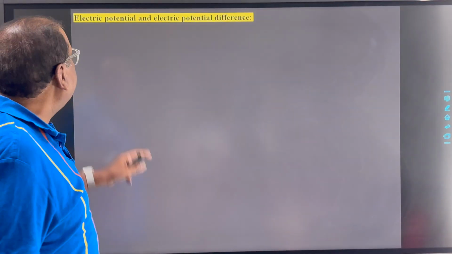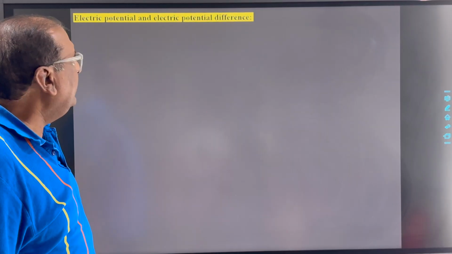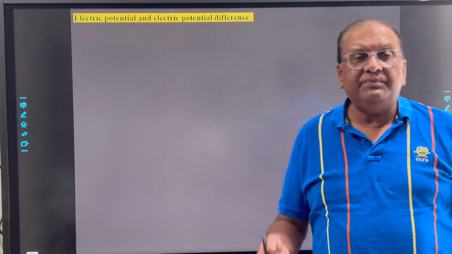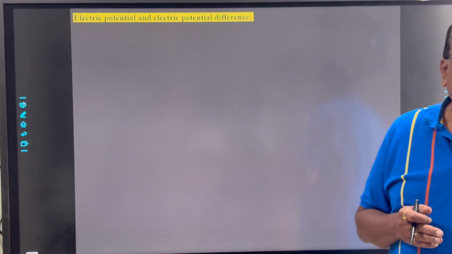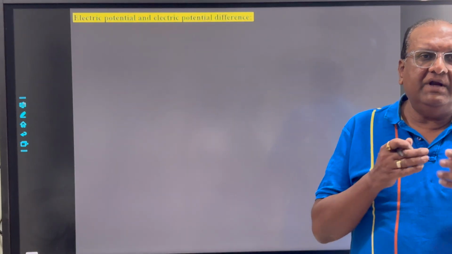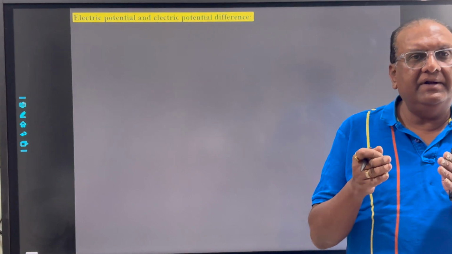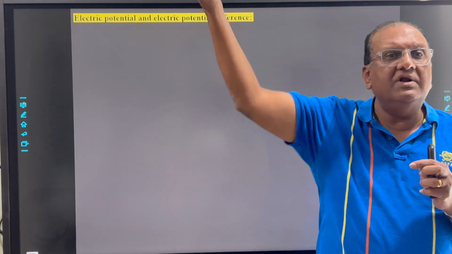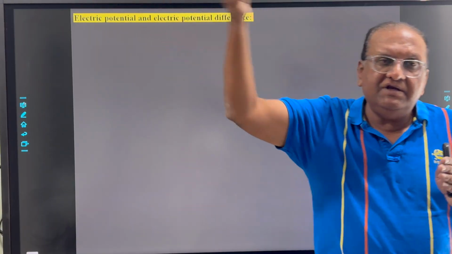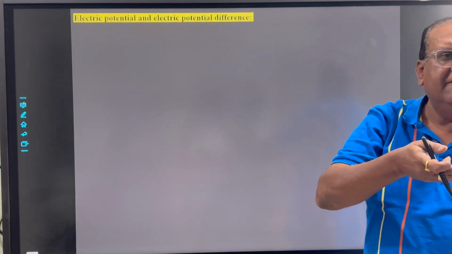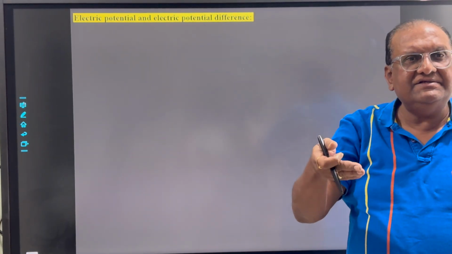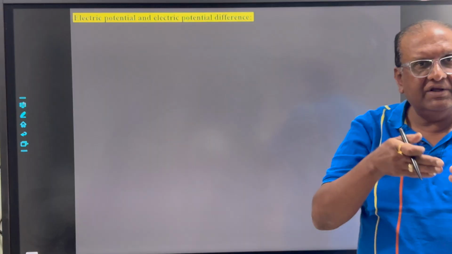Now next topic, that is electric potential and electric potential difference. So in the previous topic we discussed that the work required to be done against the field to bring charge small q from infinity to a given point is the electrostatic potential energy of charge small q.